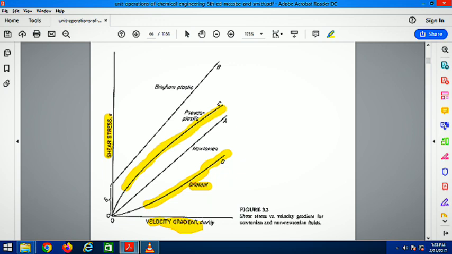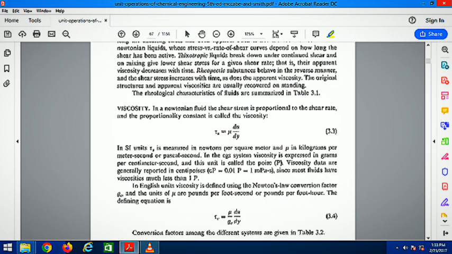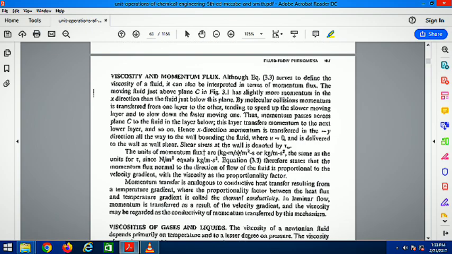If n is less than 1, then it is a shear thinning fluid, that is pseudoplastic. Both these fluids are time independent. If we move on to time dependent fluids, these are thixotropic, which thins, time dependent, and rheopectic, which thickens, time dependent. So this is Newton's law of viscosity.